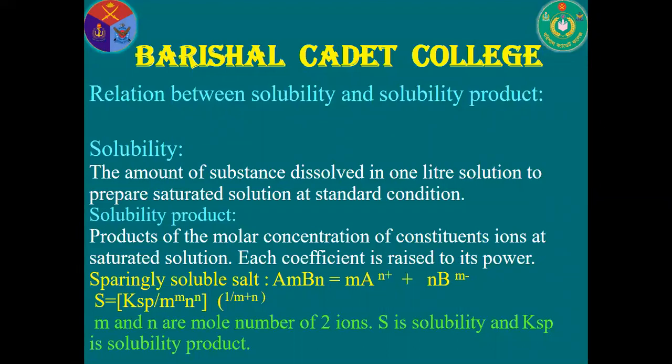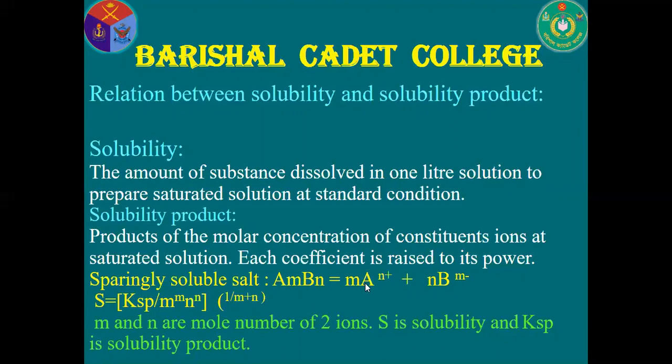Here, solubility is the amount of substance dissolved in 1 liter of saturated solution. Solubility product is the product of the concentrations of ions, and the coefficient of every ion goes to its power. So for a sparingly soluble salt AmBn, if it dissociates, it forms m A^n+ ions and n B^m- ions.